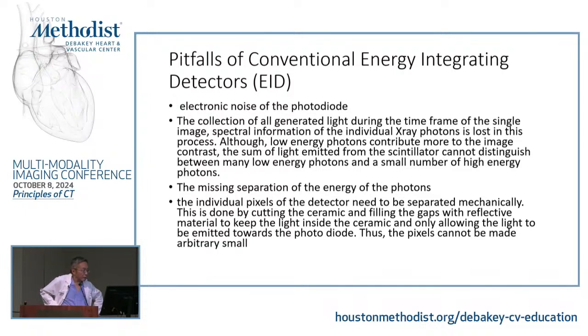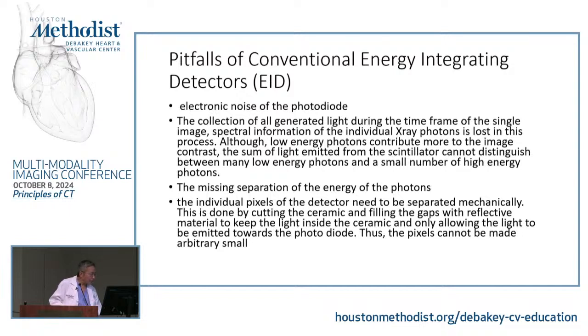And also with the regular CT scanner, a higher energy photon is going to generate more signal, right? Compared to a low energy photon. So the contribution is not equal. One higher energy photon is going to contribute more to the overall image than a lower energy photon, because sometimes the low energy photon is important too, okay?